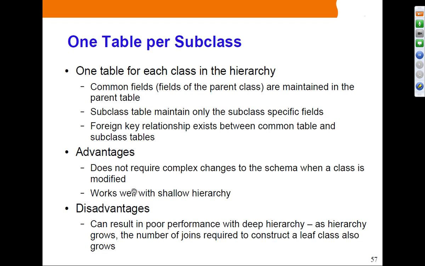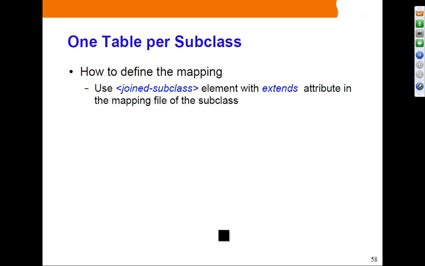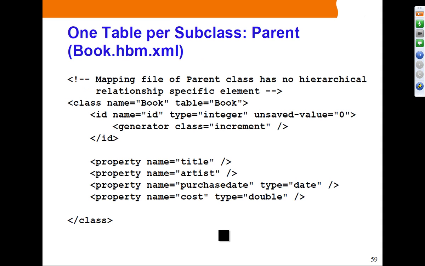It works well with a shallow hierarchy. The disadvantage is poor performance because there are multiple tables. Queries might perform various forms of joins, and joins are a pretty expensive operation for the relational database.